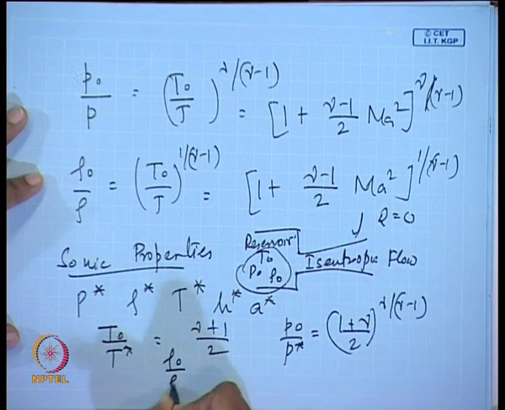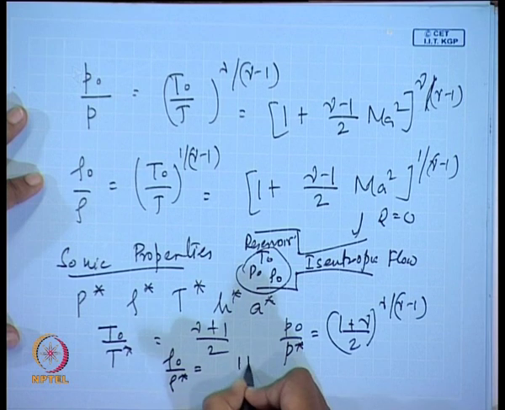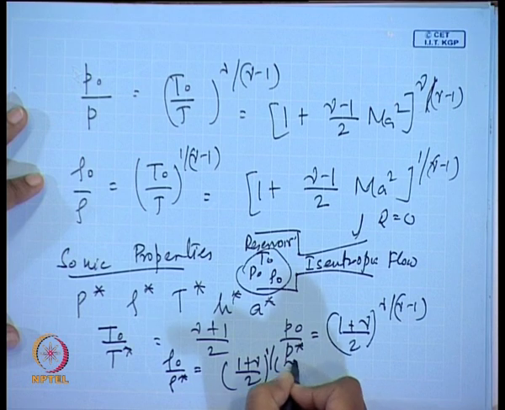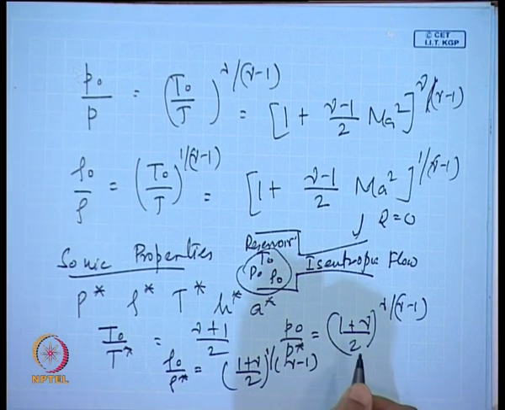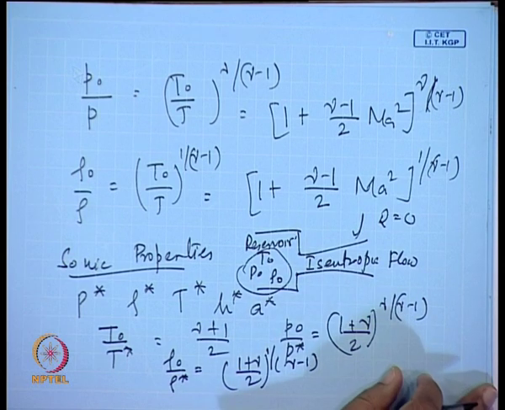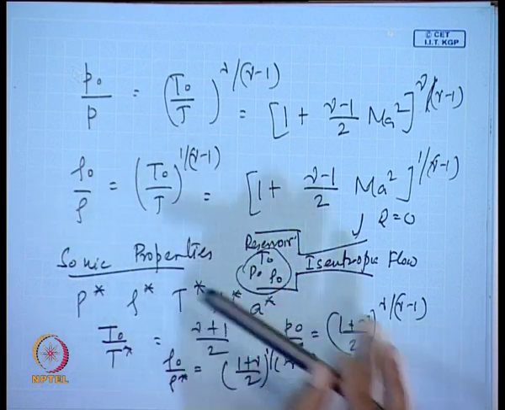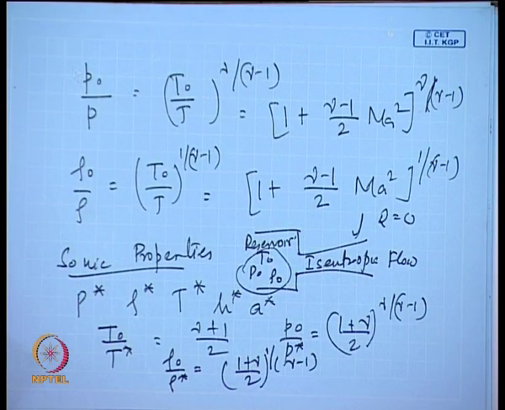Same way rho 0 by rho star can be written as 1 plus gamma minus 1 by 2, to the power 1 by gamma minus 1. Agreed? And we know for diatomic gases gamma is equal to 1.4. So, accordingly you can find out the values of T star, P star, rho star and so forth. Now, these were the important reference properties for compressible flows, stagnation properties and sonic properties.